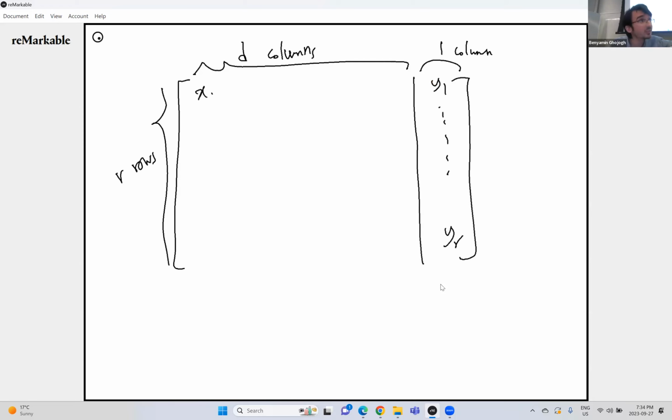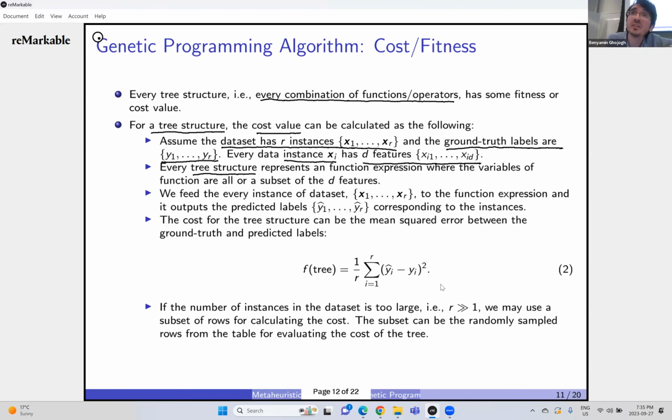Here I have x11 until x1d, and here xr1 until xrd. So these are the features, d features, r data points, and for each of them I have a label. X's are vectors, so I have put them as bold lowercase. Bold lowercase in my slides means vector. Non-bold lowercase means a scalar.